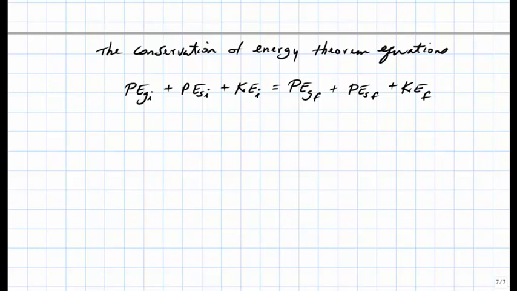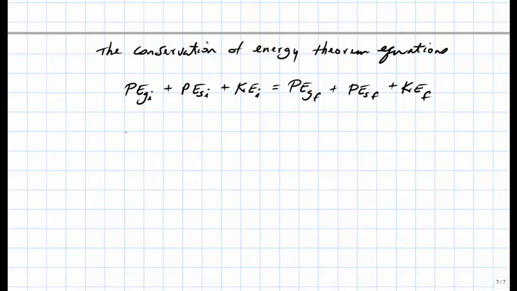And here's what the equation tells us. It tells us that if we add an object's initial gravitational potential energy, its initial spring energy, and its initial kinetic energy, that sum will equal the sum of the object's final gravitational potential energy, final potential spring energy, as well as its kinetic energy. In other words, that energy will be the same between the initial, the intermediate, and the final position of the object.